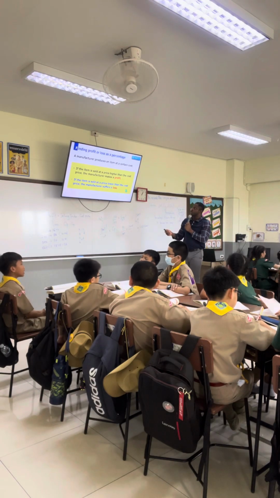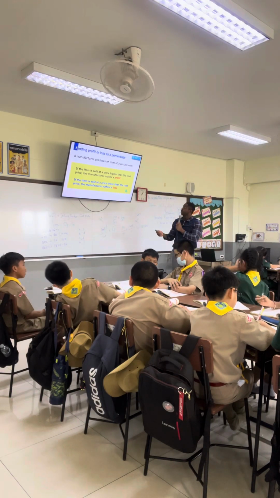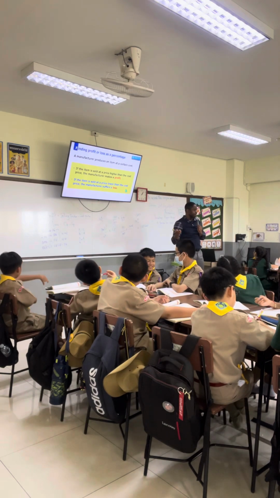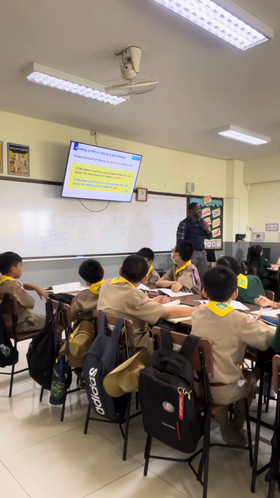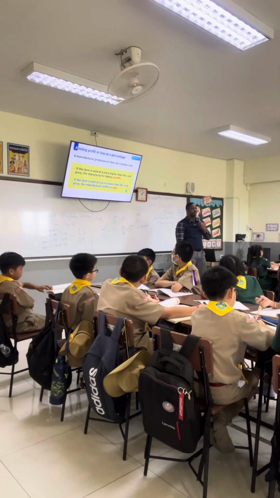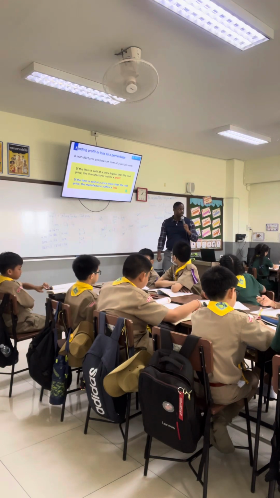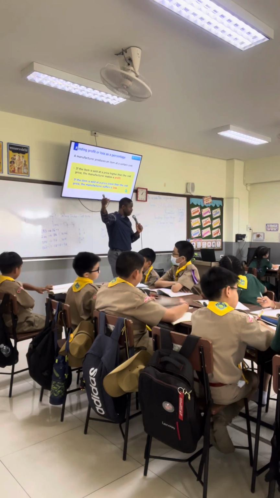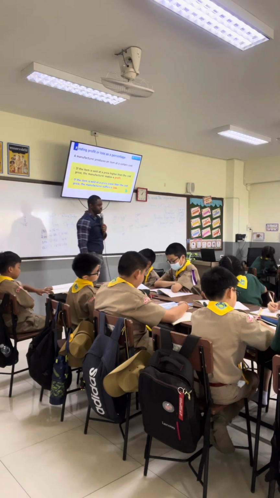If the item is sold at a price higher than the cost price, the manufacturer made a profit, right? For example, if I have a question like this, you tell me if it is profit over 100 times whatever, okay?